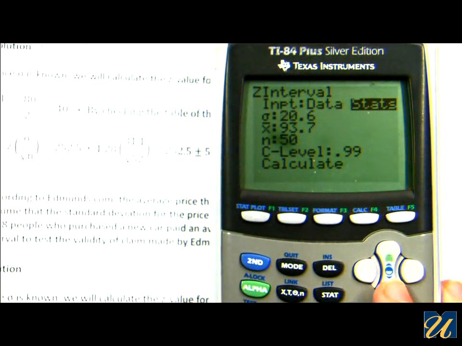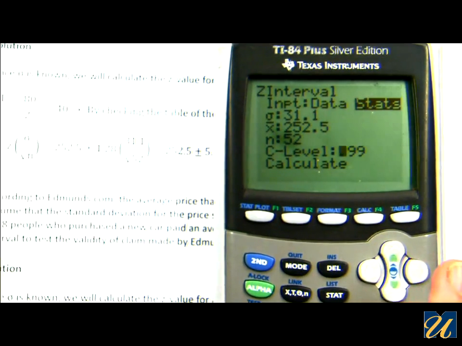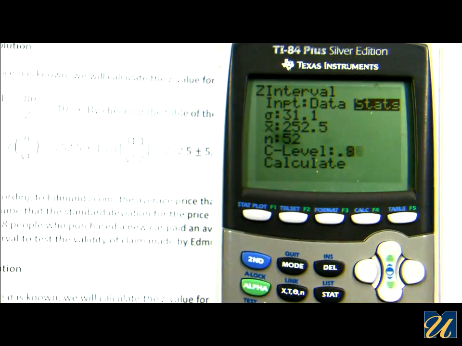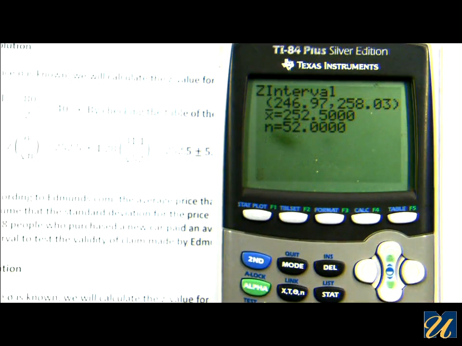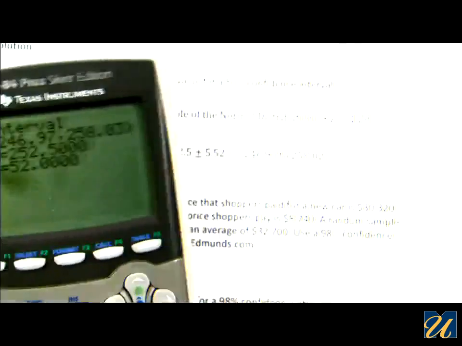So we have sigma equal to 31.1, x bar is equal to 252.5, n is 52, confidence level that I am looking for is 0.8, calculate and enter. And there you have your confidence interval.